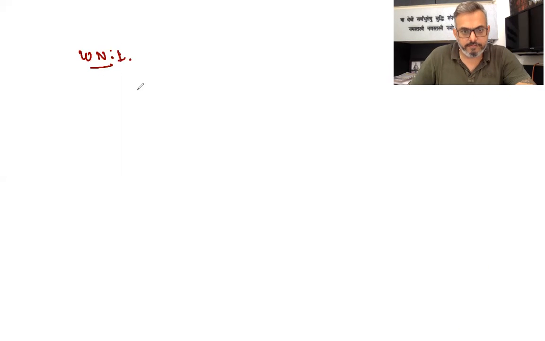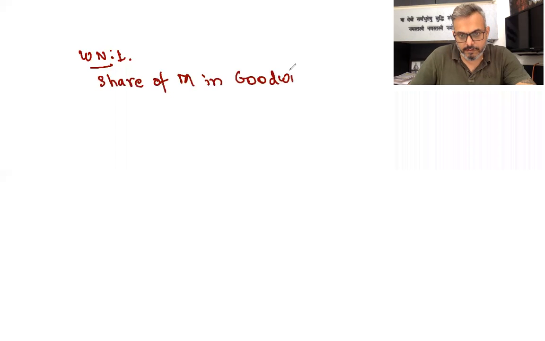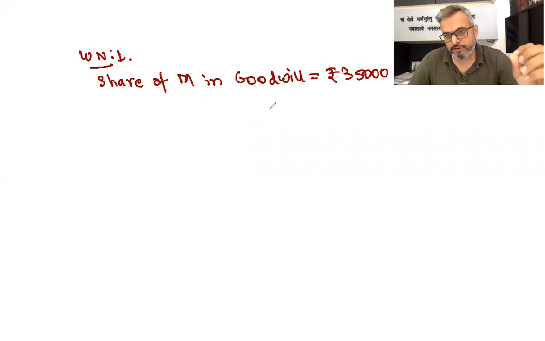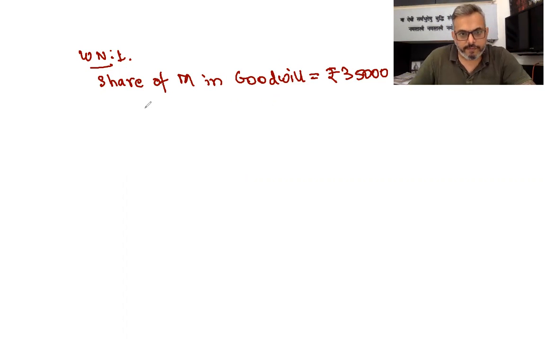You can say 1. Share of M in goodwill is equal to rupees 35,000. Let's find out the goodwill of the firm. That's the easiest way to do this. So for M का शेयर कितना था?